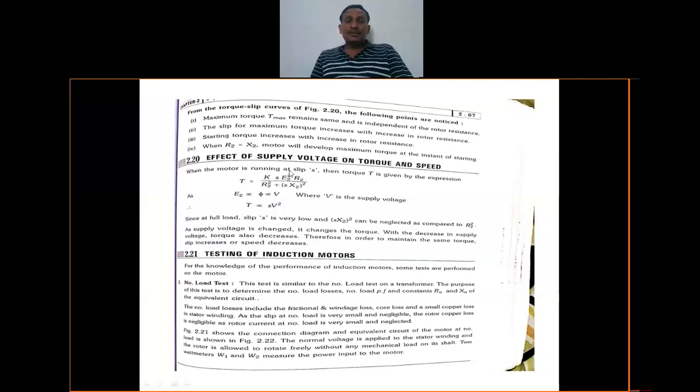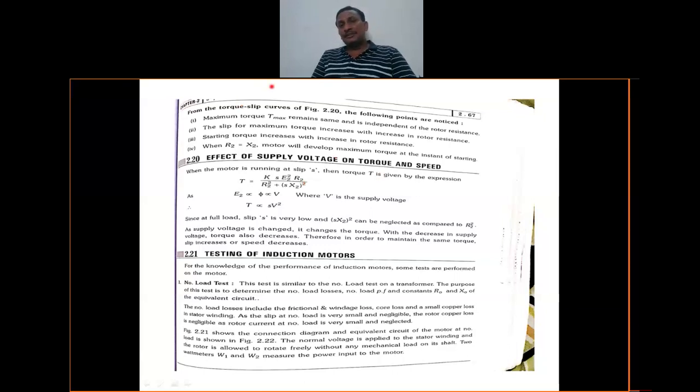Effect of supply voltage on torque and speed. So what is the previous topic? Already we have discussed the torque equation, the torque-slip characteristics, and the effect of supply voltage.